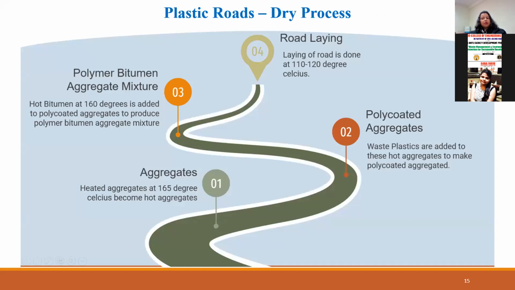Now you mix the waste plastic that was retained on the 2.36 mm sieve, and you get poly-coated aggregates. This again has to be done at a very controlled temperature. If you raise the temperature beyond 200, 210, then the plastics are going to melt, and once they melt, they are not going to coat these aggregates, because the structure will reach a saturation point and they will not be able to coat the aggregates in a better way.